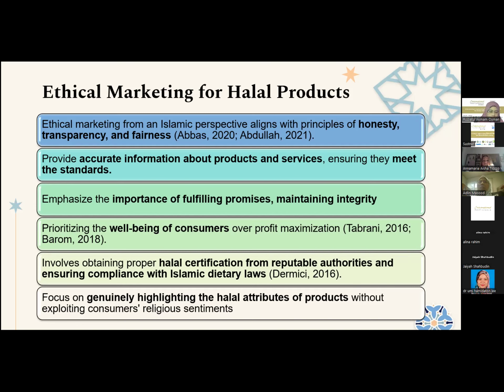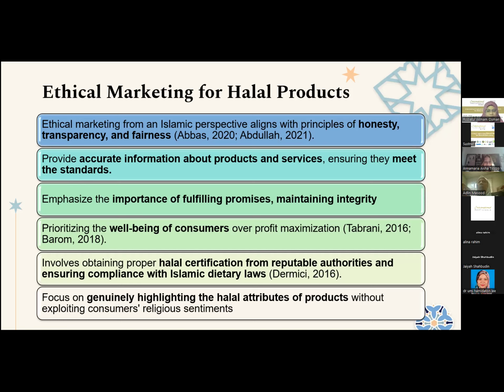This Chinese guy was really sincere about getting halal certification, and he was told by this consultant to buy a special knife. When you use this knife, anything that you slaughter will be halal. So that is very unethical. For me, that is the peak of unethical, right?